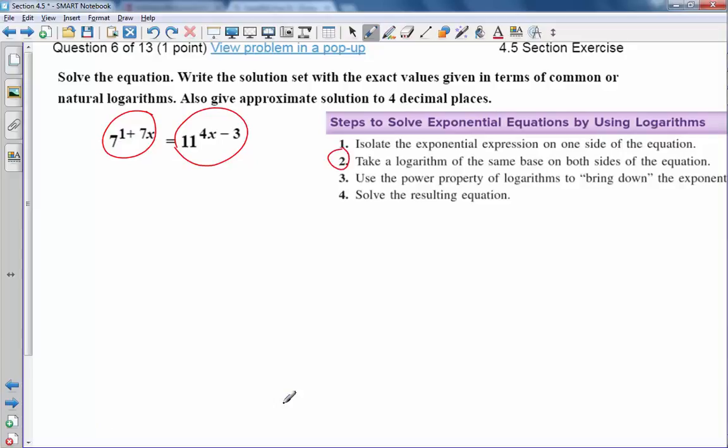We're going to take a logarithm. But which logarithm are you going to choose? Which one makes the best sense? Since there is no match in the bases, I recommend going with base 10 or ln.